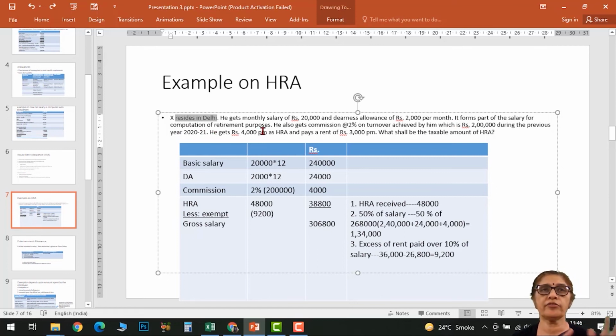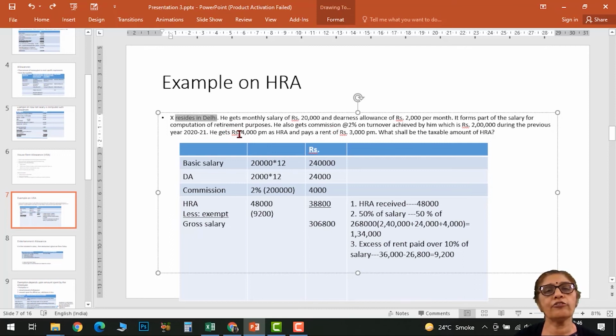So wherever we have to take 50%, we take 50% of DA also. He gets a commission of 2% on turnover achieved by him, and turnover is 2 lakhs. So anyways commission is taxable, fixed or percentage, but again for 50% we shall take commission also. So we have a comprehensive case where DA is a part of salary and commission is also a percentage of turnover.